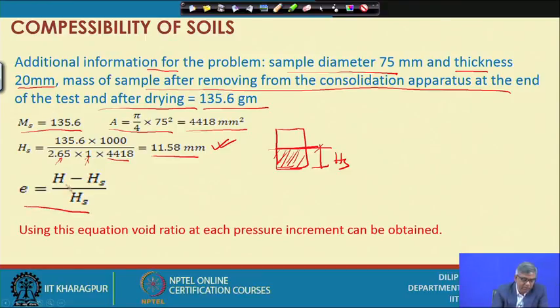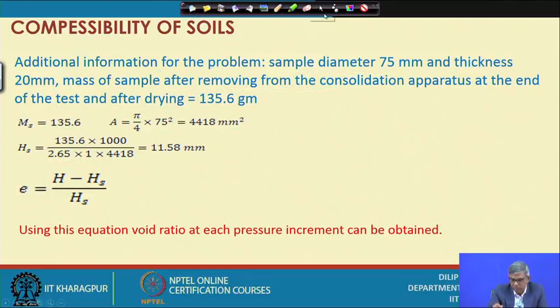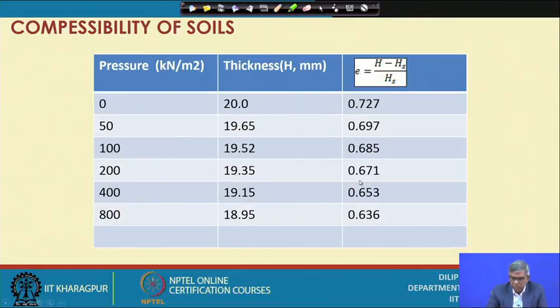Then e will be, from the derivation in the previous slide, H minus HS by HS. This can be used to calculate the void ratio at any pressure, starting from the beginning. That is done in the next slide. You can see here, when pressure is 0, the thickness is this.